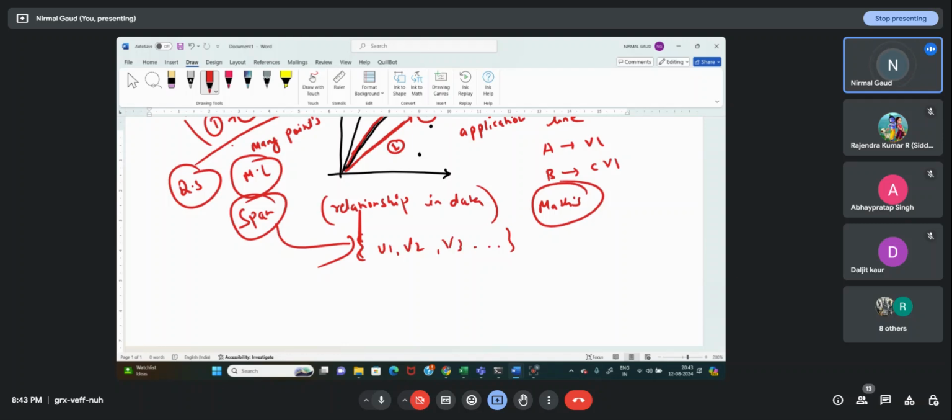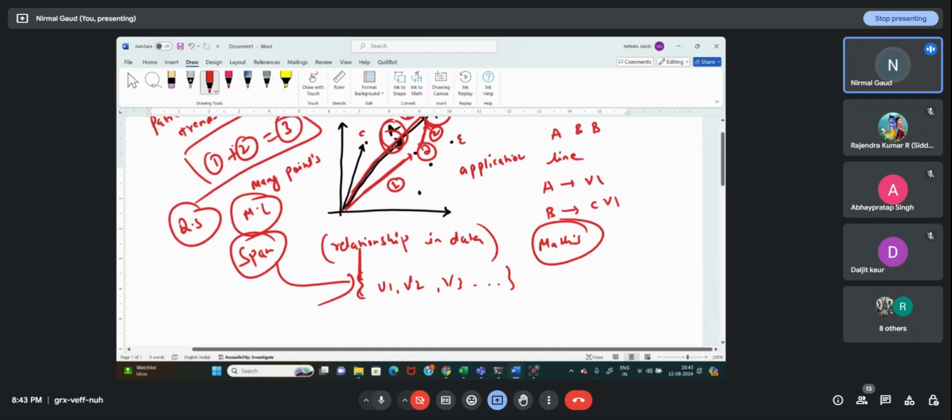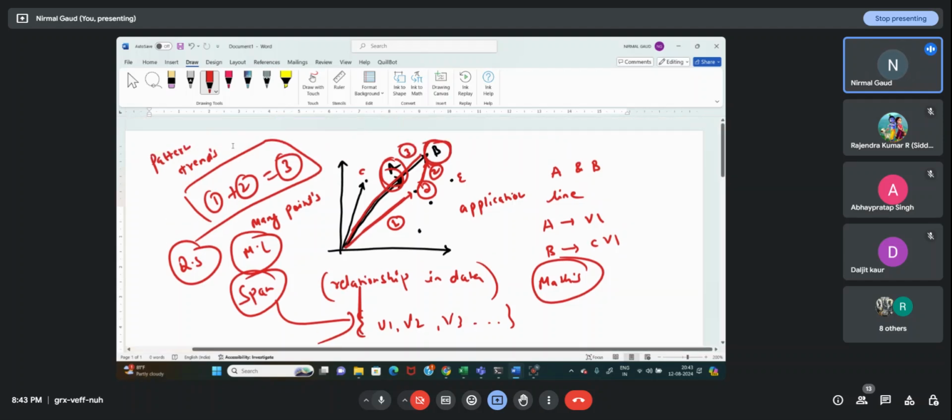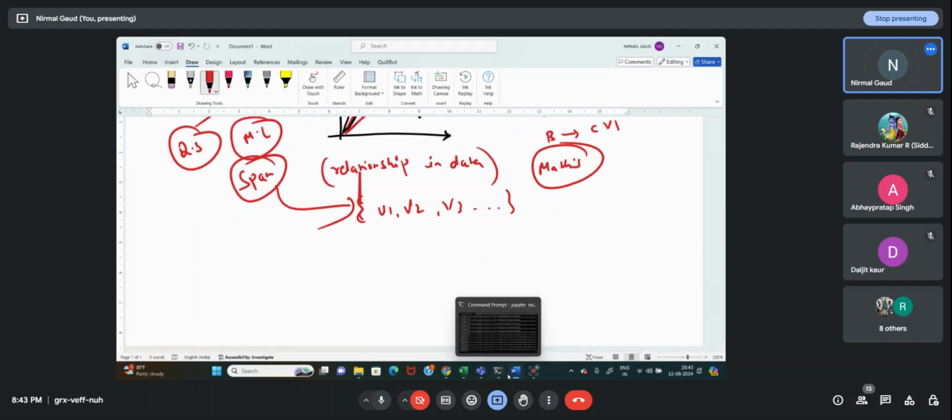I hope this makes sense. There might be different terminologies where you may find complicated maths, but now I have simplified it for you. So I hope you will not get confused ahead related to the span.